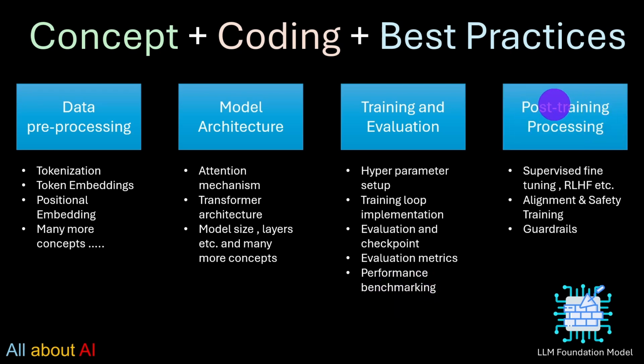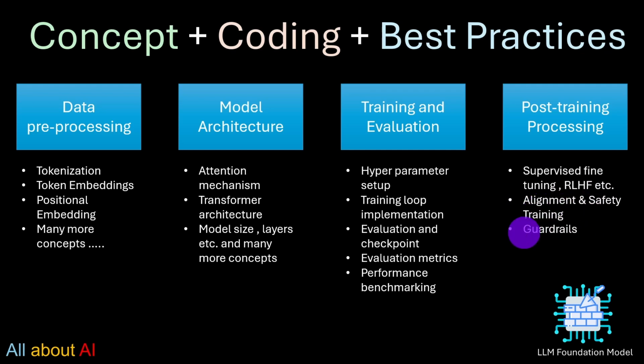Lastly, we'll look into post-training processing. We'll see what the advanced fine-tuning techniques are, like supervised fine-tuning and RLHF, and what alignment and safety training would be required after basic training is completed.